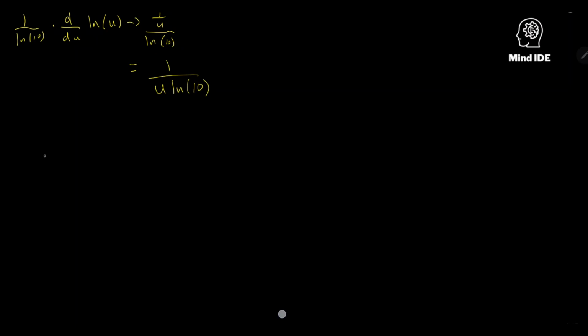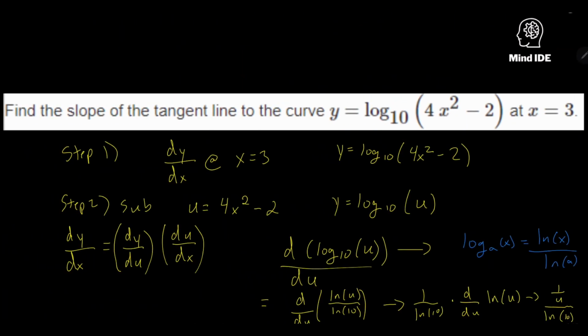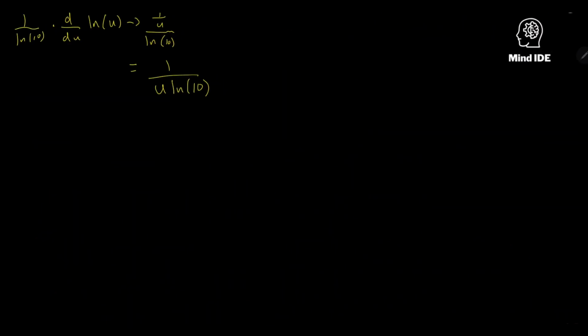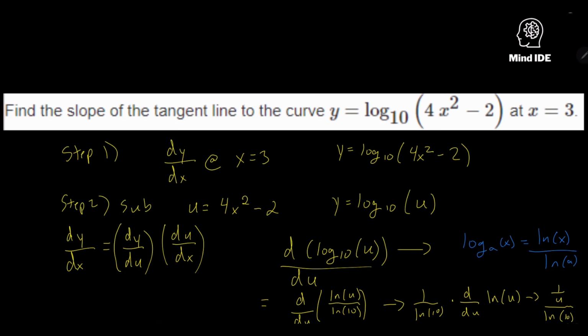All right. So then if we look at the rest, we still have this part of the equation, which is du over dx. And if you remember what u is, 4x squared minus 2.